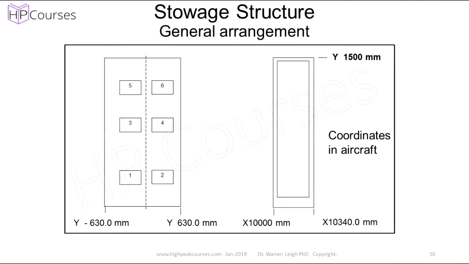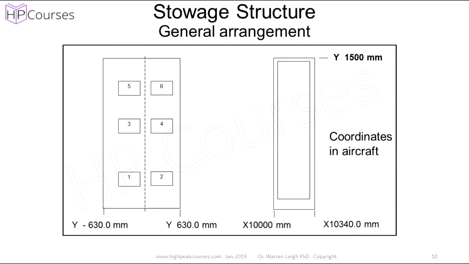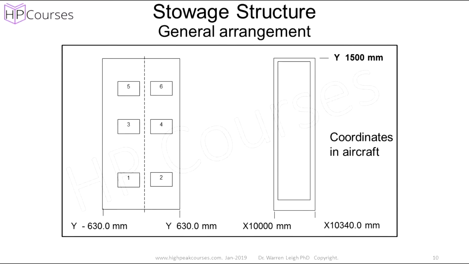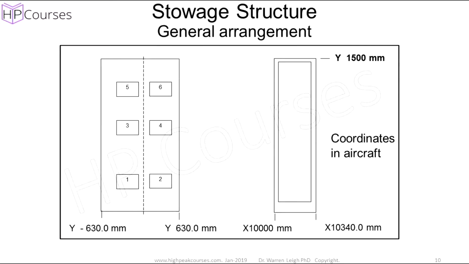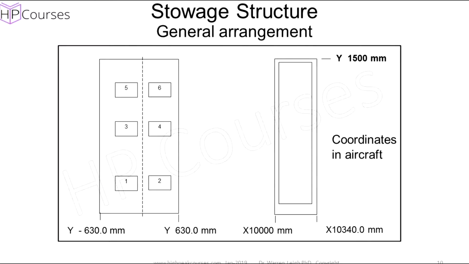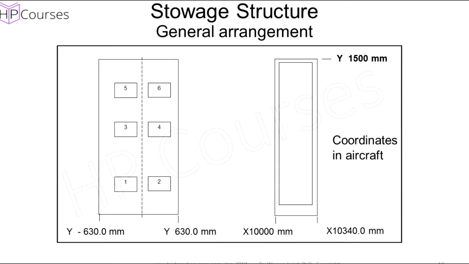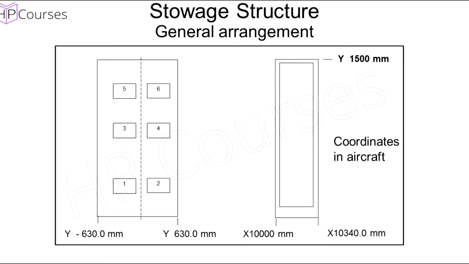Now, this sketch here actually gives you some dimensions you can work to. Just look at the dimensions, not the details of the boxes 1, 2, 3, 4, etc. But we have a Y direction minus 630 millimeters, a plus Y 630 millimeters. From those dimensions there, you can see this one is 340 millimeters wide.